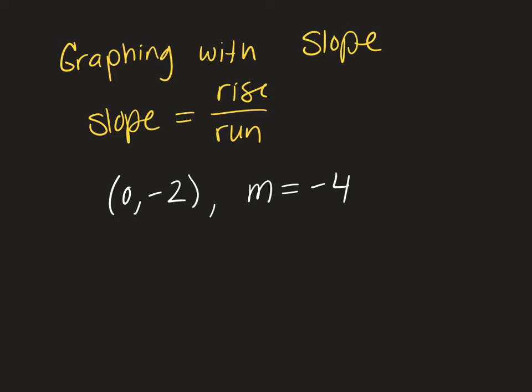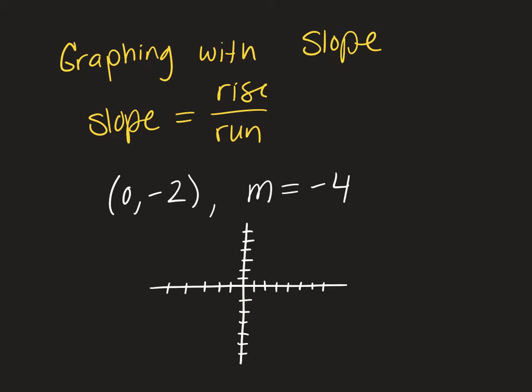The first thing we would want to do is plot our point of 0, negative 2. Also, while we're graphing things, I don't want teeny tiny baby graphs that I can't see what you're doing.